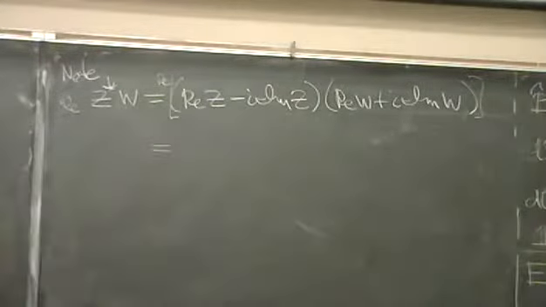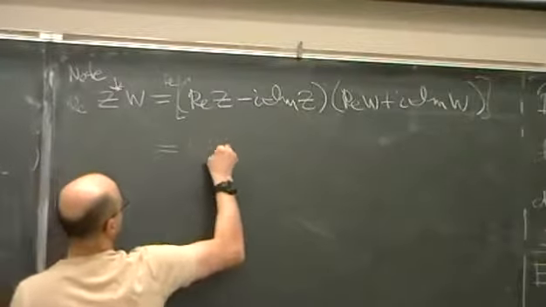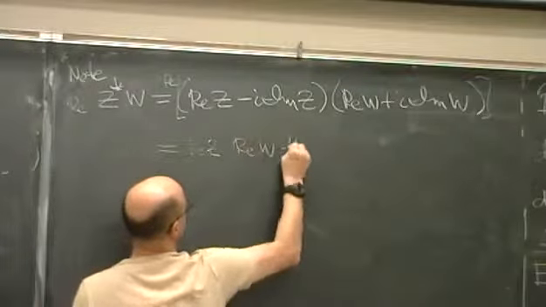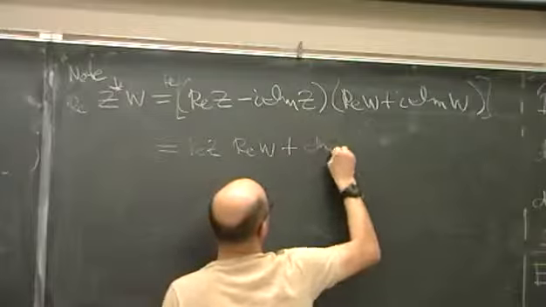And that gives me what, guys? What's the real part of that product? Real part of Z times real part of W plus imaginary part of Z times imaginary part of W. All right, very nice.